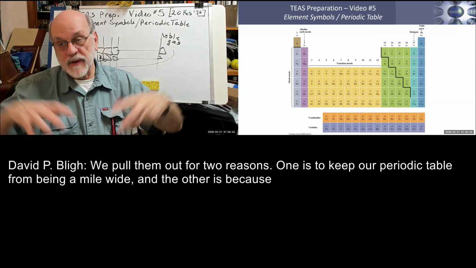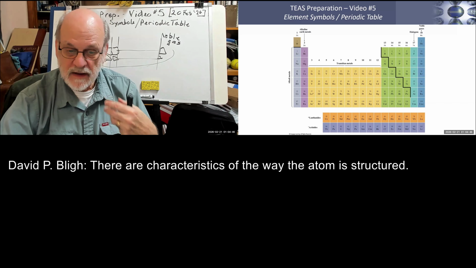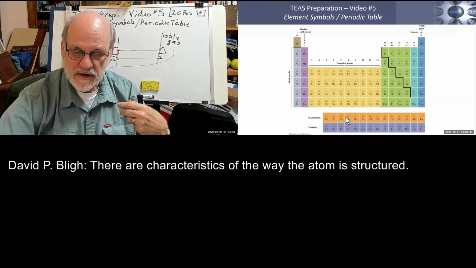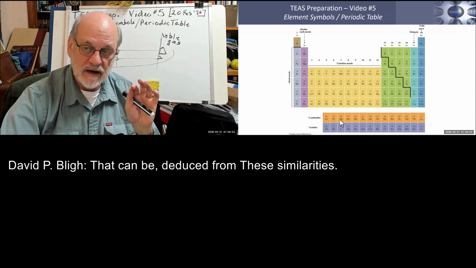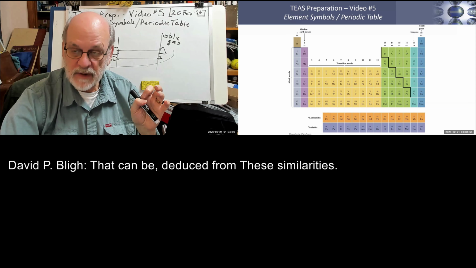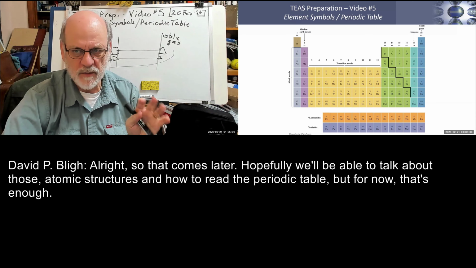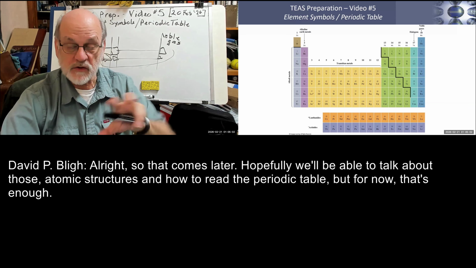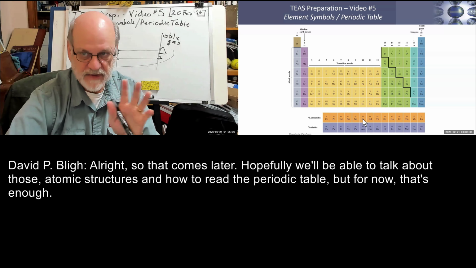One is to keep our periodic table from being a mile wide, and the other is because there are characteristics of the way the atom is structured that can be deduced from these similarities. All right, so that comes later. Hopefully we'll be able to talk about those atomic structures and how to read the periodic table, but for now, that's enough.